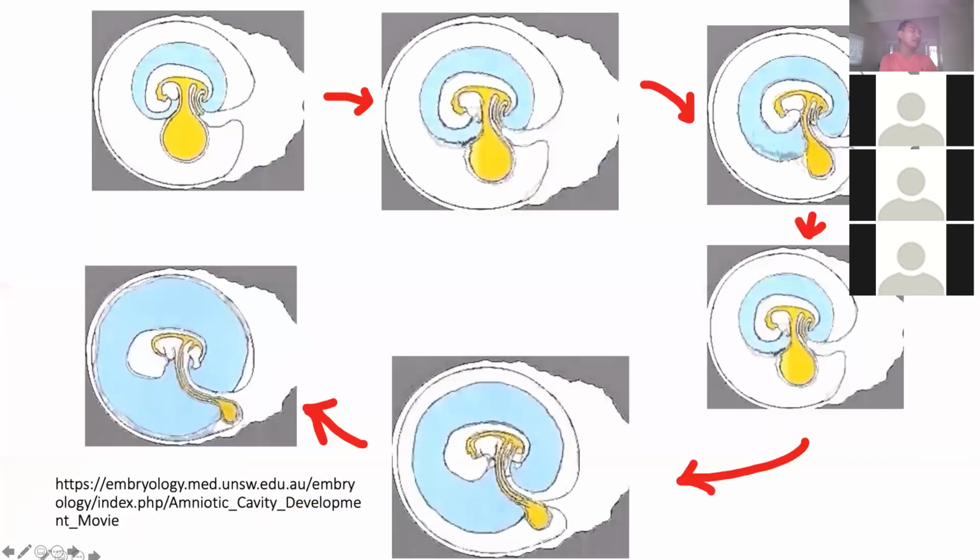Look at that, the head end and the tail end gradually fold, and it is gradually swallowing the yolk sac, as you can see, swallowing more and more.